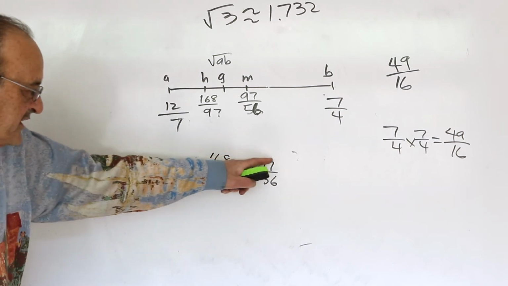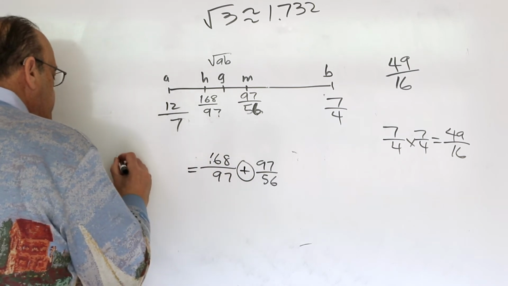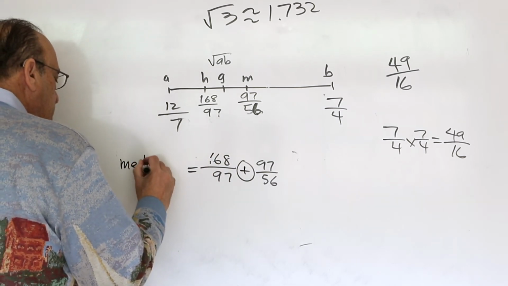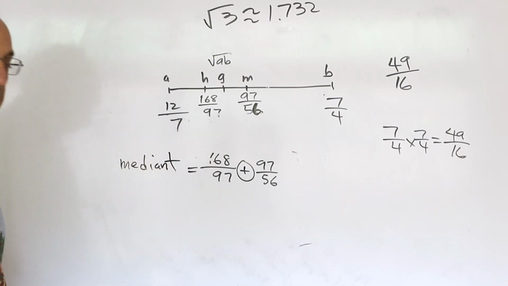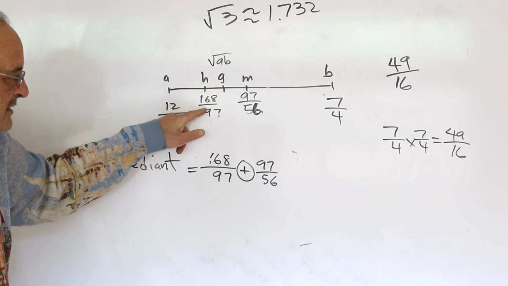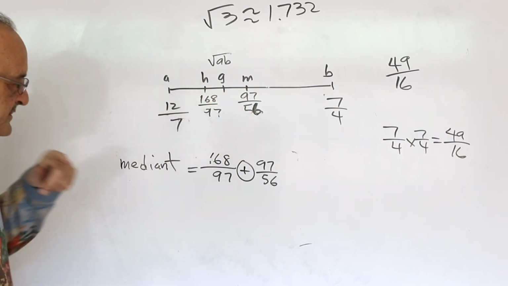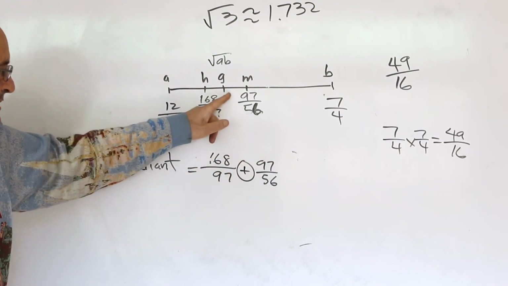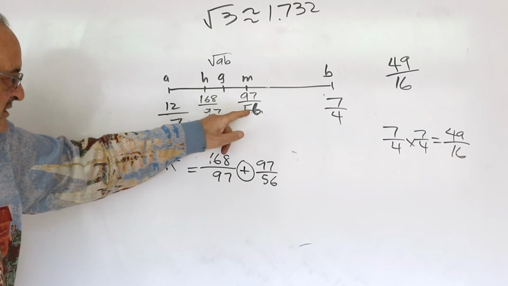We're just going to add the tops and add the bottoms. And what we get is called the mediant. Now, one property of the mediant is that it will be in between these two numbers on the number line. So when I find the mediant, it's going to be probably closer to the square root of 3 than either of these two.